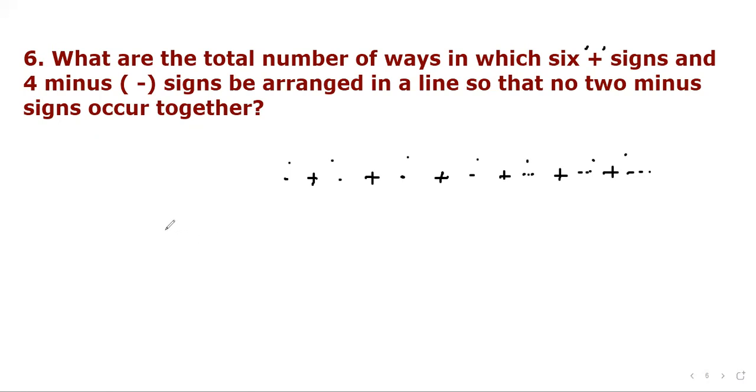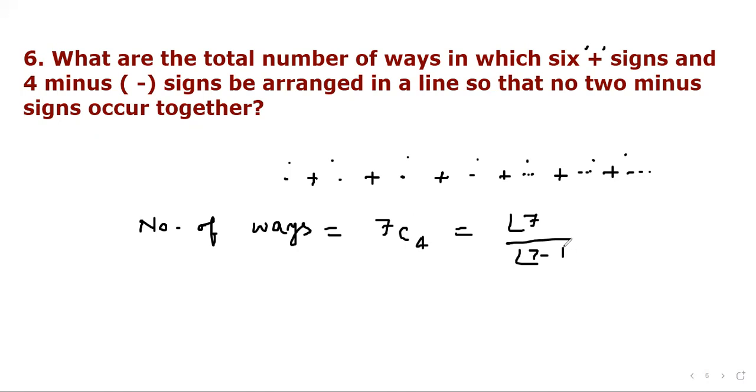So we can say that the number of ways equal to 7C4. So this will be equal to factorial 7 divided by factorial 7 minus 4 and factorial 4, which can be easily evaluated, and that will give 35, which is our answer. Thank you.